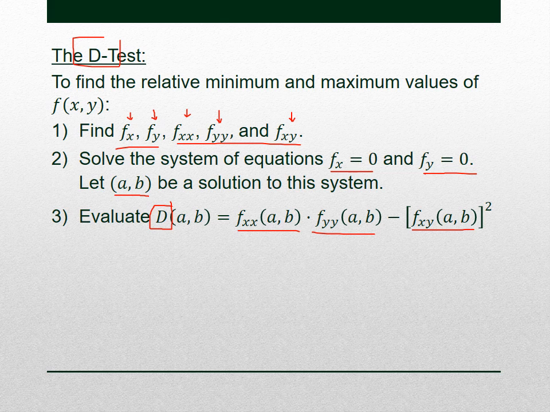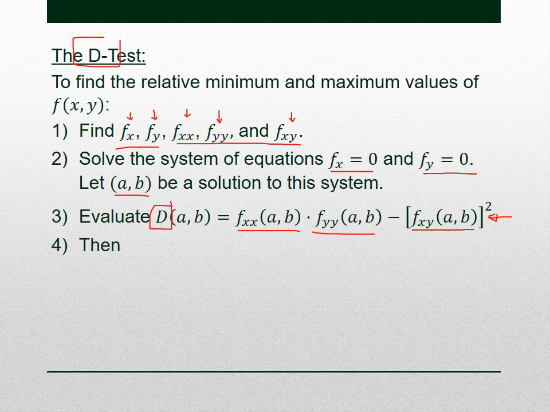So we're going to plug our solution into this, and that's step 3. We want to know, that should pop out a number, what that number is for whatever our solution is. That's sort of the equivalent to plugging our critical value into that second derivative like we did with the second derivative test in chapter 3, is plugging it into this D function here.